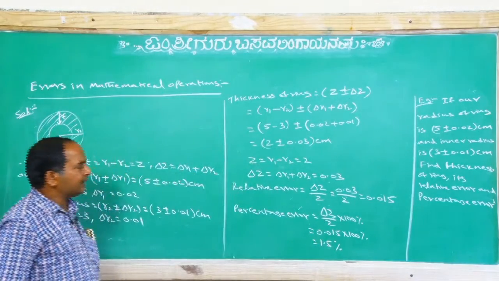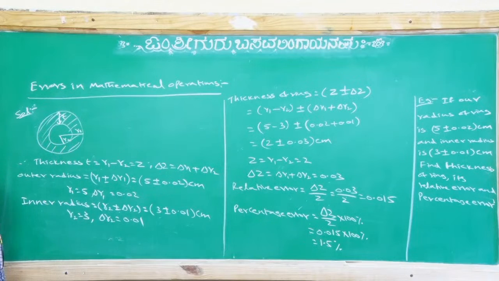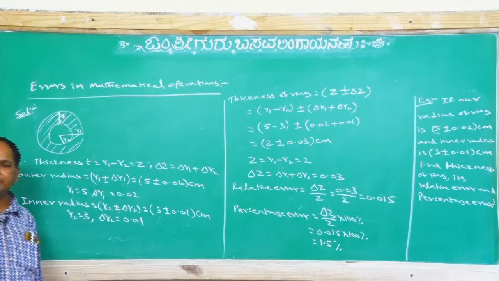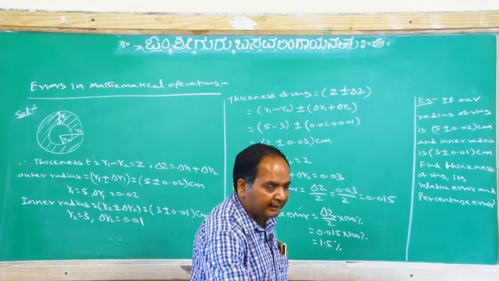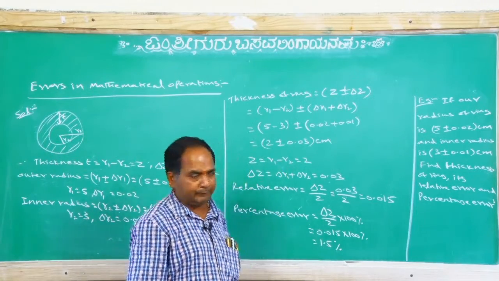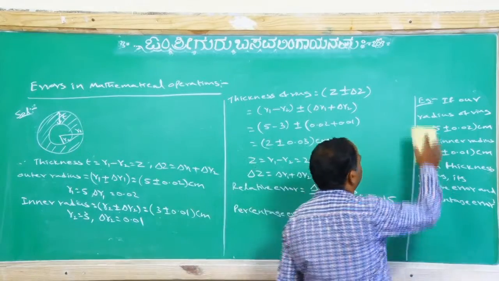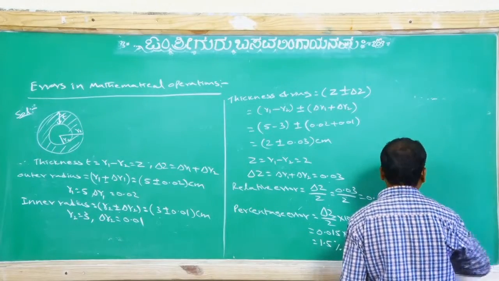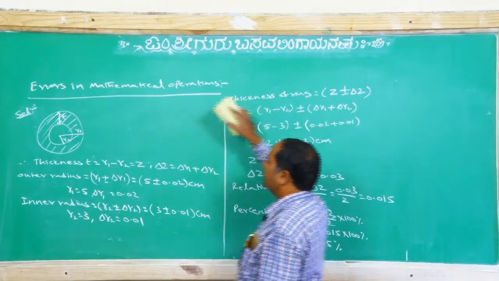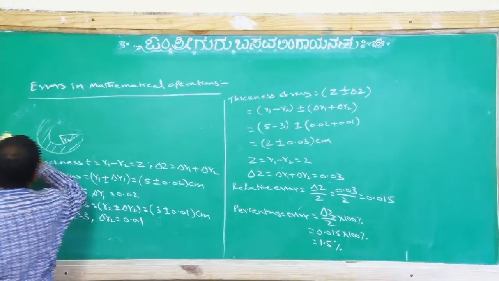So the percentage error will become 1.5%. Is this clear? So this is the error in subtraction. Now, error in addition completed, error in subtraction completed. Next one is error in multiplication.